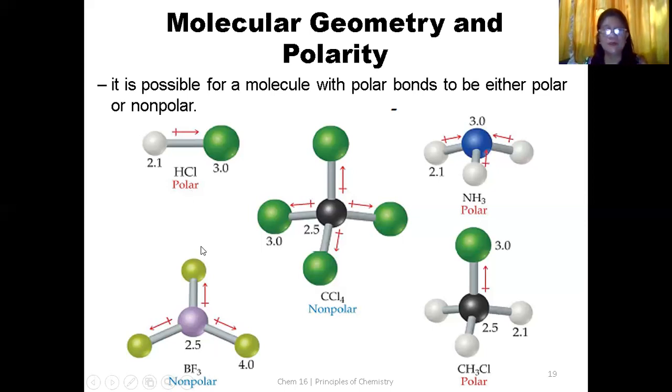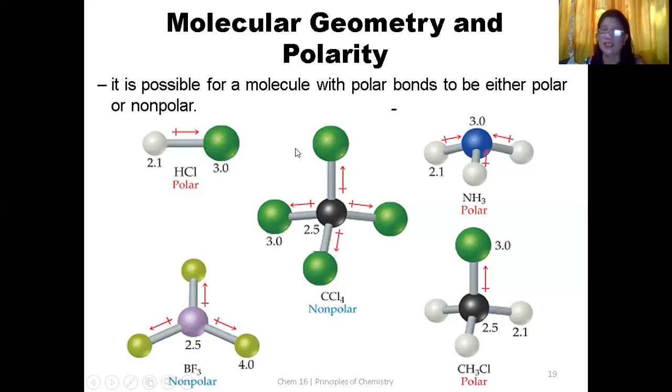Take a look here. So, earlier, the CCl4, your carbon is at the center. That black one is 2.5. Then your chlorine is 3. Okay, but there are how many? There are 4, so it is non-polar. This one is polar, non-polar.